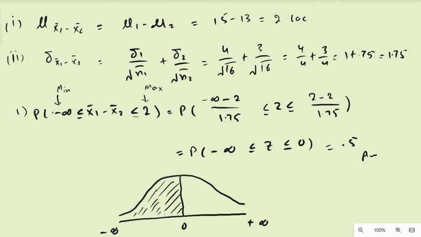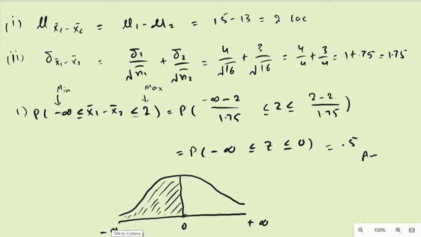If we sketch the diagram, with 0, plus infinity and minus infinity, we need the area between 0 and minus infinity, this shaded area. How can we quantify it?